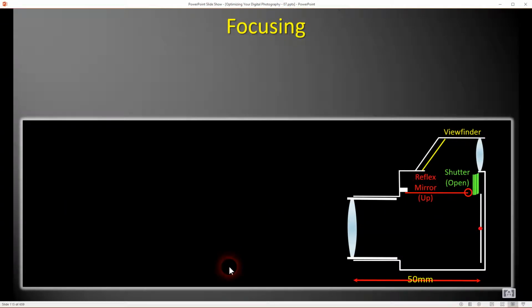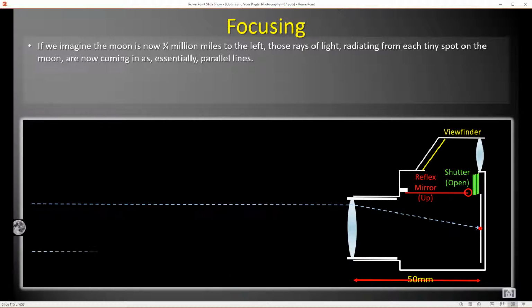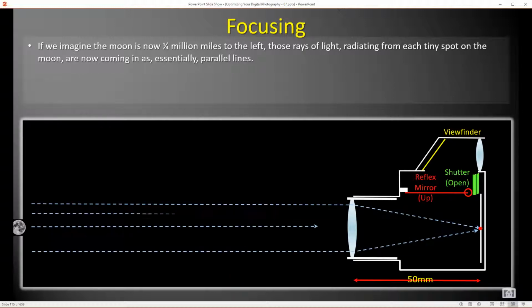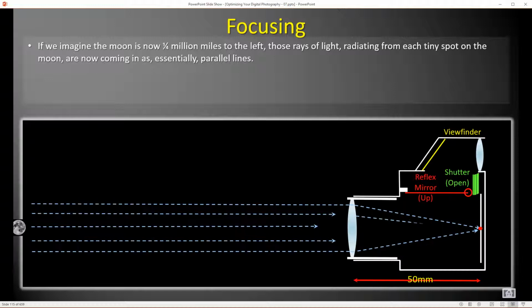Okay. So if we imagine the moon is now a quarter of a million miles to the left, those rays of light are now effectively coming in parallel to each other. Okay, all from that one little spot on the moon.